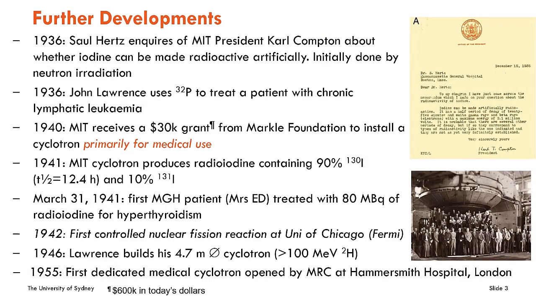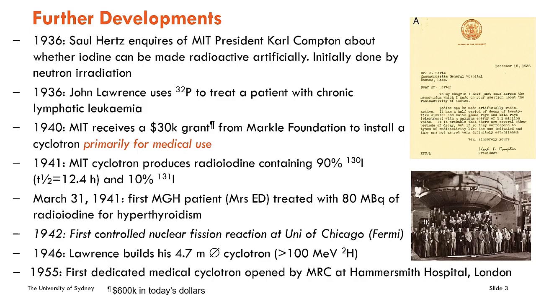While all this was happening, at the same time, the endocrinologist and physiologist Saul Hertz, who we all know about, made inquiries of the MIT president Carl Compton at a luncheon at MIT about whether iodine could be made radioactive artificially.